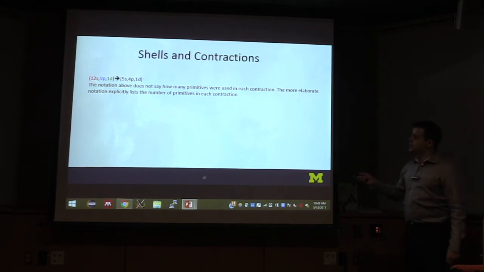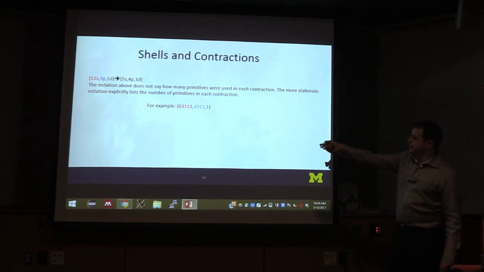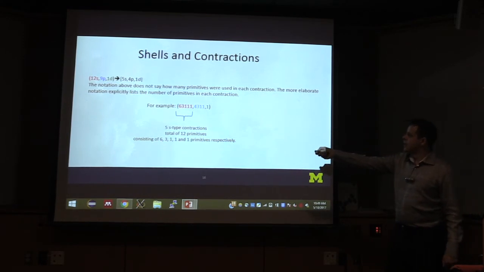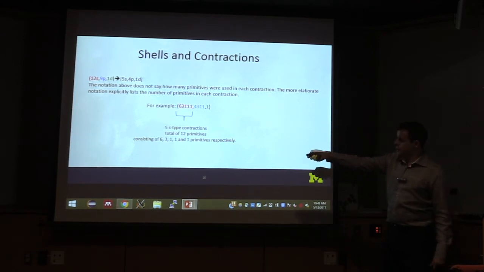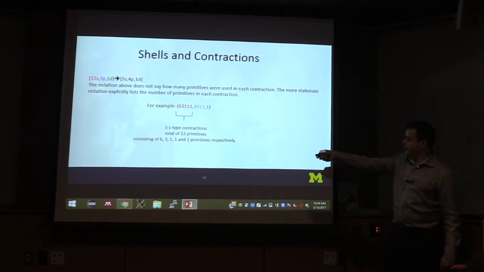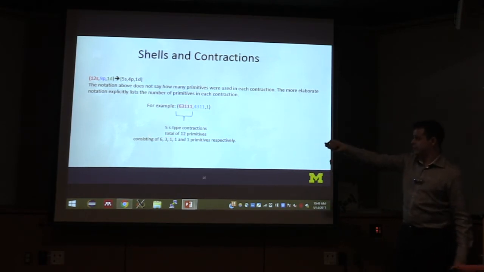The more elaborate notation explicitly lists the number of primitives in each contraction. So here, these are the s-type contractions. We have a total of 5 s-type contractions, a total of 12 primitives, so 6, 3, 1, 1, and 1 primitives respectively.